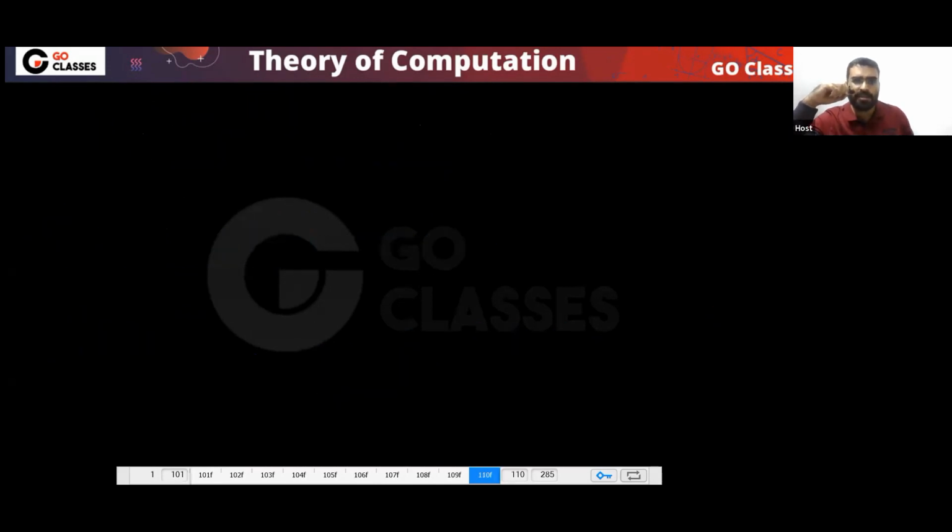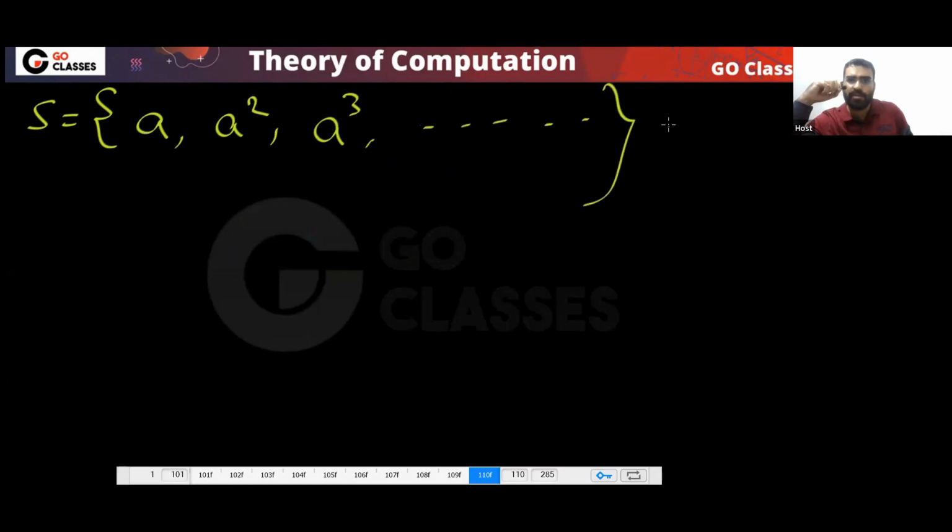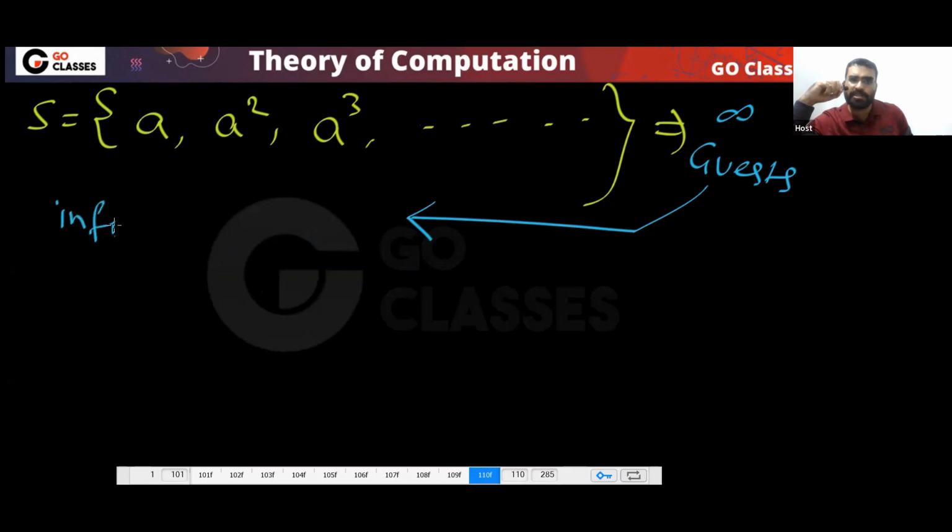Remember these guests that we have created, these infinite guests that we have created, who are they? These infinite number of guests are the possibilities we need to keep track of. These are the infinite possibilities we need to keep track of. Yes or no?